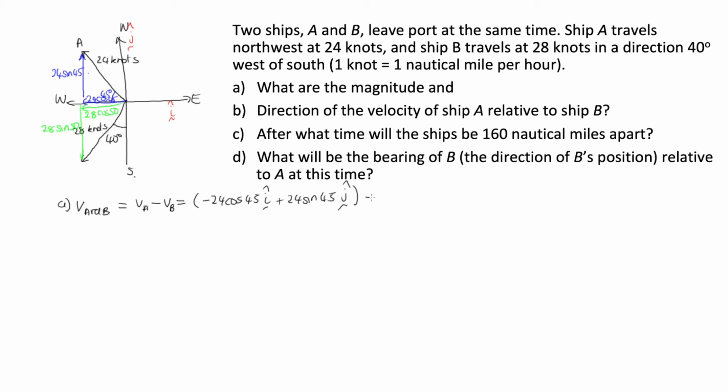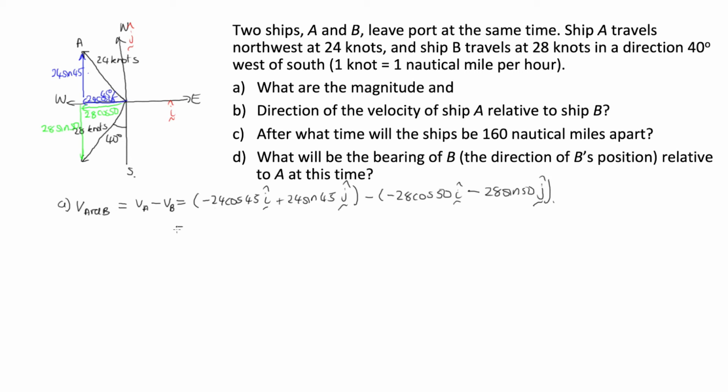And then we've got minus the velocity of B, which is equal to minus 28 cos 50 I, and then minus 28 sine 50 j.